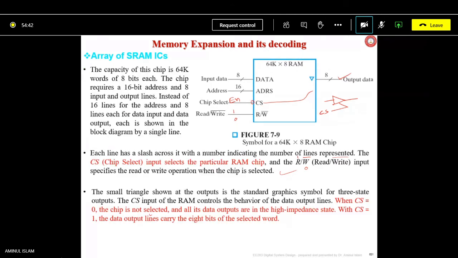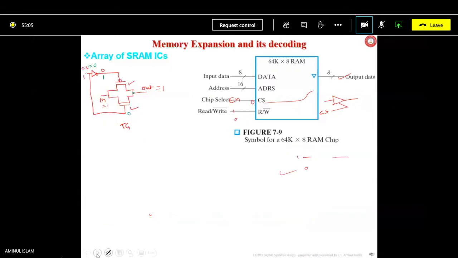So that's what is written: CS equal to 0 is making high impedance state. CS equal to 1, the data output lines carry the 8 bits of the selected data. I mean, if you have 8 lines here, you will have 8 of this kind of switches, tri-stated switch or TG based, or you can say multiplexer kind of things.